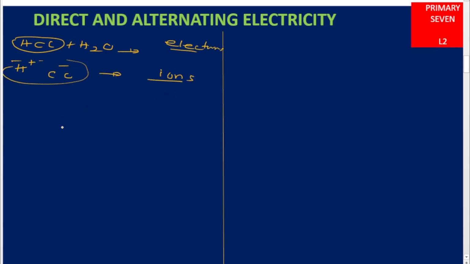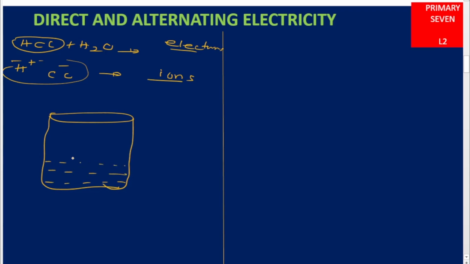Now, for example, let us assume that this is our tin, or our beaker. In this beaker, we have put a solution of water, and we have dissolved our salt, either sodium chloride, that is our table salt, or we have added in our acid, HCl. Now this becomes an electrolyte, but at your level we normally use sulfuric acid.